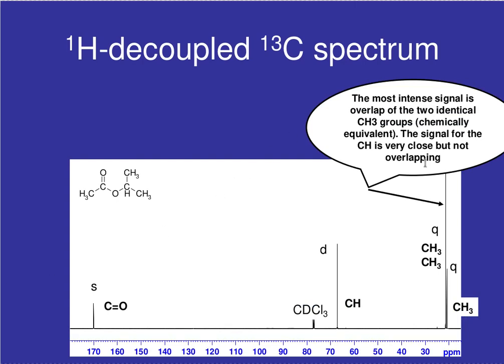So the most intense signal is overlap of the 2 identical groups, and just see the other CH3 is close but not quite overlapping. The CH near an oxygen is de-shielded somewhat, between 60 and 70, and the carbonyl is there. But look out for the multiplicity information, and look out for doubling of signals in the carbon-13 spectrum.